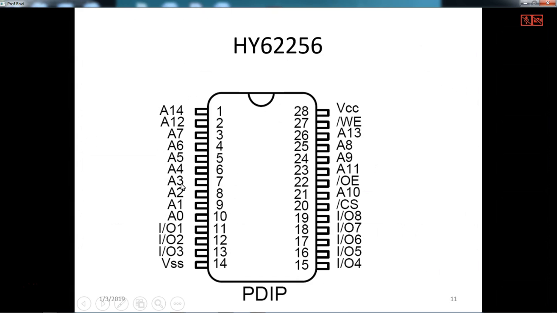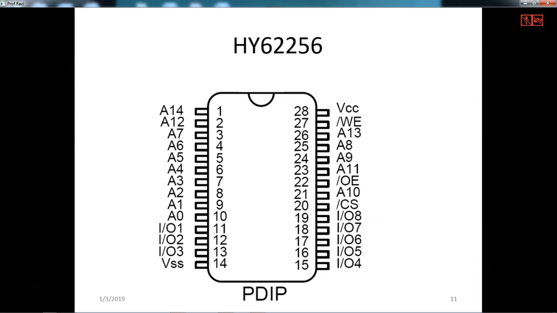A0, A1, A2, A3, A4, A5, A6, A7 and A8, A9, A10 and A11, A12, A13 and A14. So how many address lines are there? A0 to A14 means 15 address lines are there.